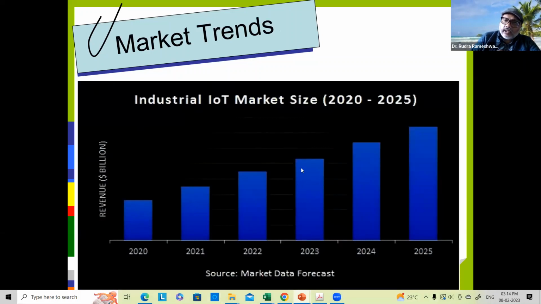Now we are here, just stepped into this new year. So the forecast is there: revenue, industrial IoT market, Internet of Things, because most of the devices are based on IoT these days. Even technology is quite vast to connect this. So the market trend is changing.